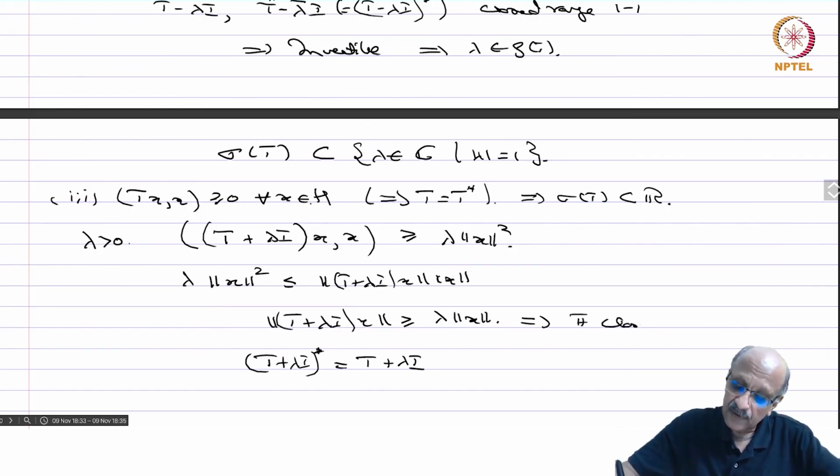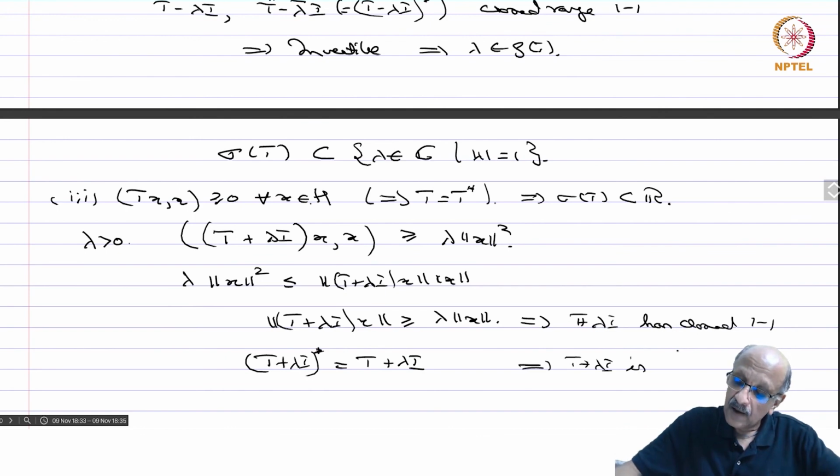So T plus lambda I has closed range and is 1-1. So this implies T plus lambda I is invertible.